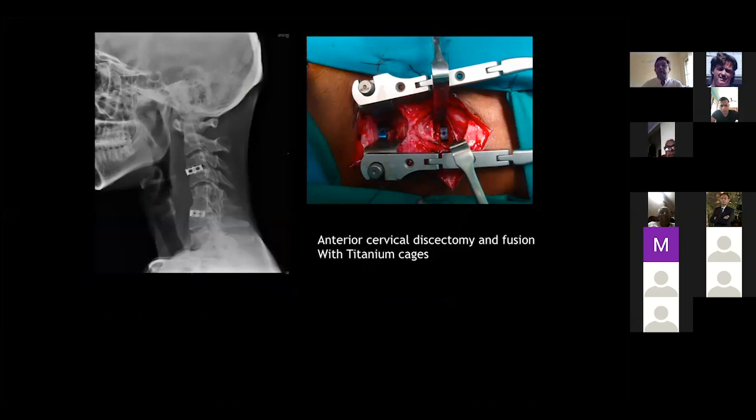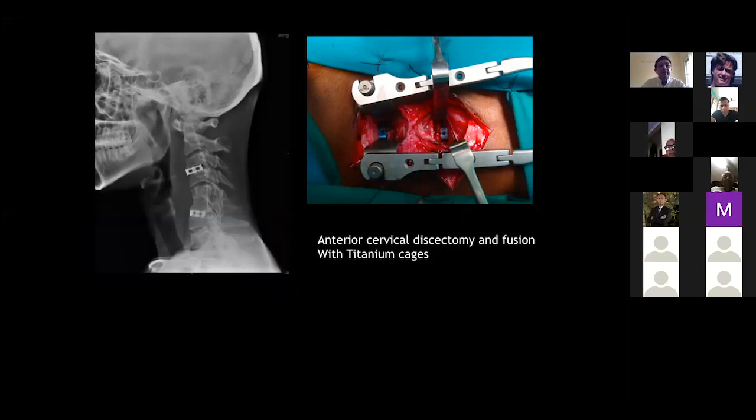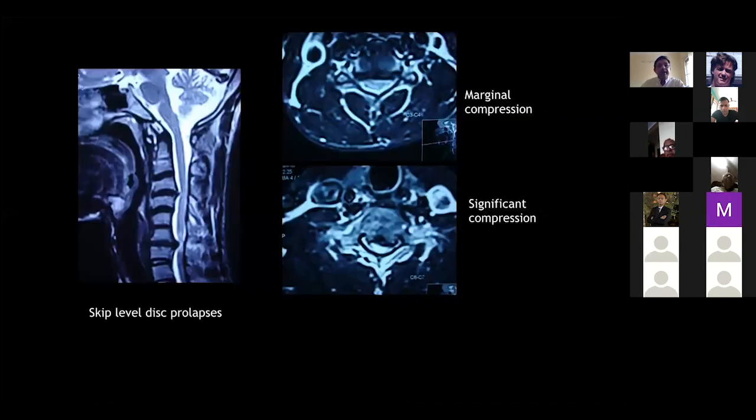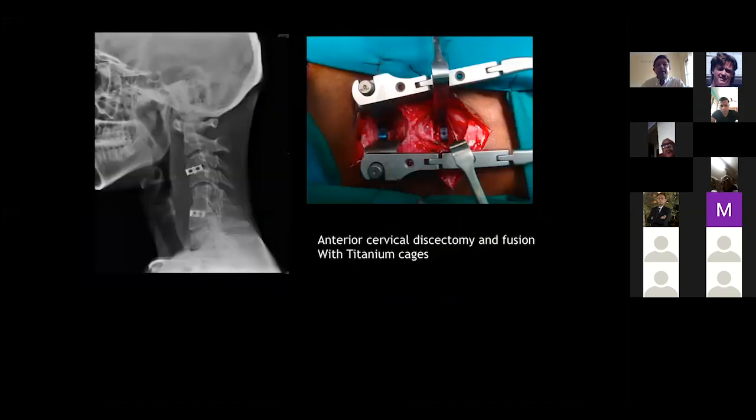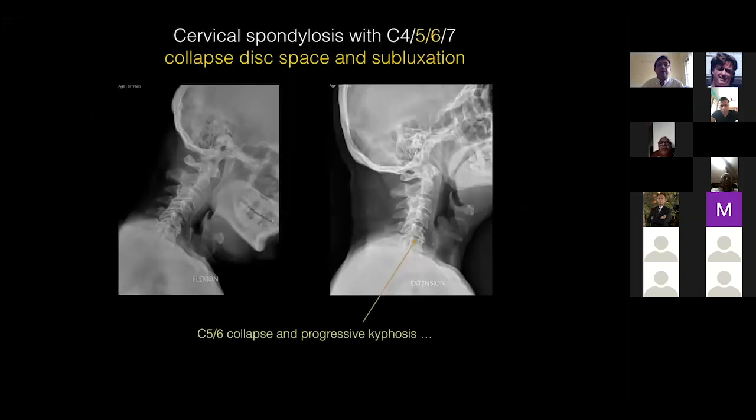This is a very old patient which I did some 10 years ago. I have not operated at the Klippel-Feil level, one level above, because on the MRI you can see very nicely the CSF spaces are maintained. So only at the disc level ACDF is enough, but you may have to do a skip. Sometimes this is very, very rare and not very common.